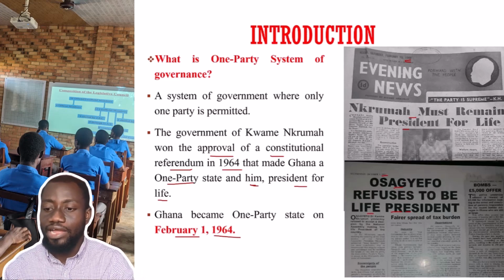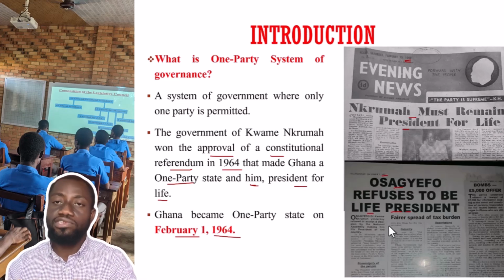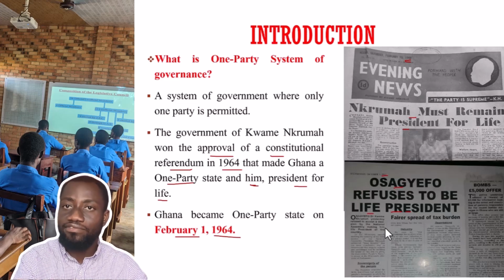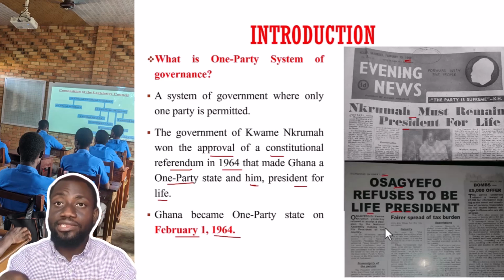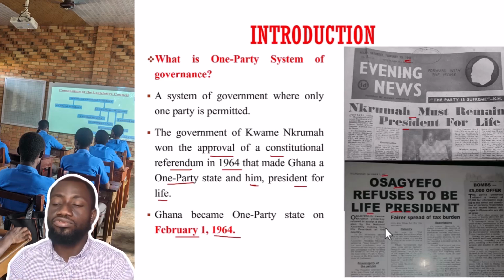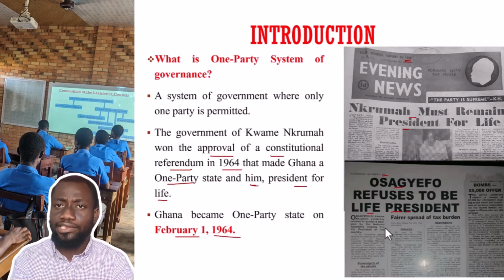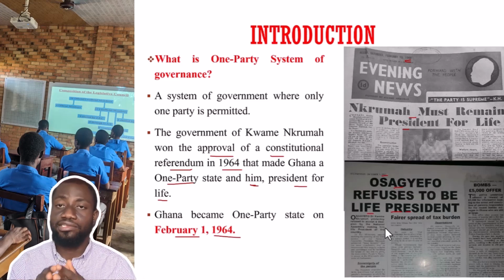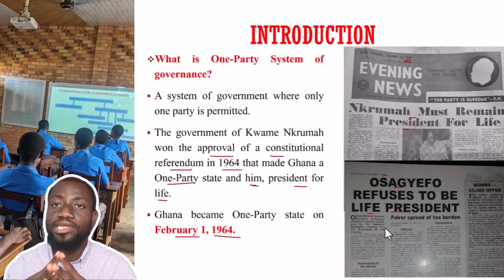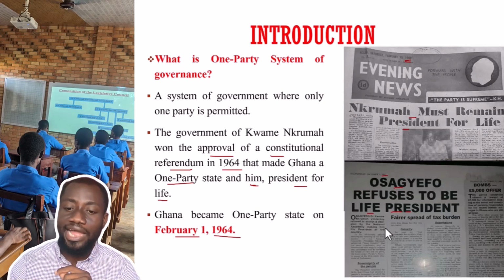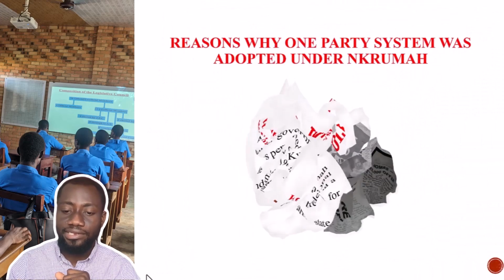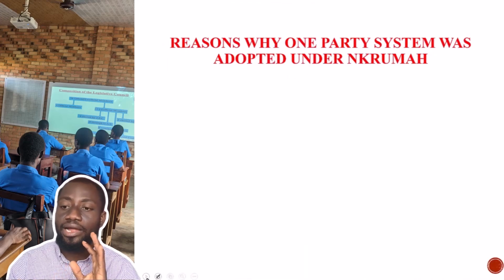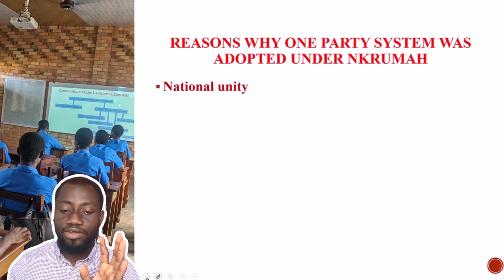Here we have said that he refused to be president for life because the National Assembly was actually thinking of making him president for life, and he refused. So why then did he assent to the bill for it to become law on February 1st, 1964, whereby Ghana became a one-party state? Let's dive into the reasons why Nkrumah accepted that Ghana should be a one-party state.